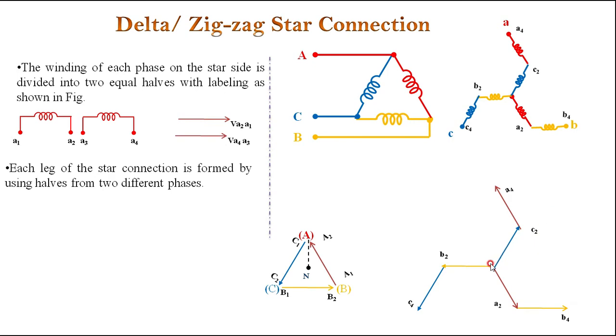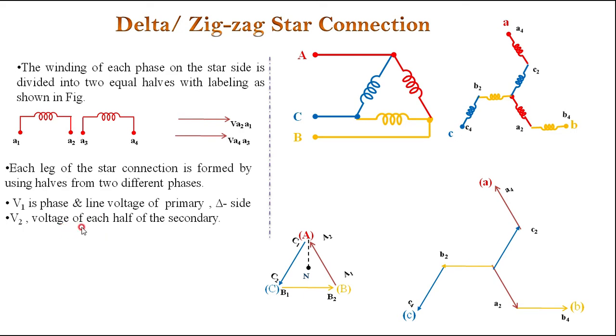Therefore, what is the total per phase voltage we are getting? It is adding C2 plus A4, that is half of C, half of A. Therefore, you are representing these as A, B and C. Then you can see here V1 is the phase as well as the line voltage of the primary, that is in the delta side.